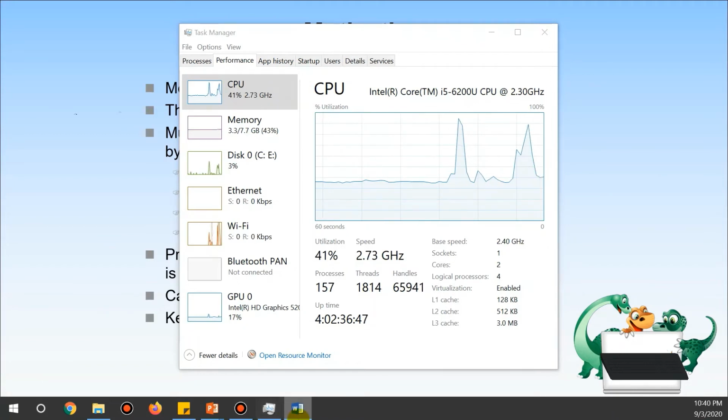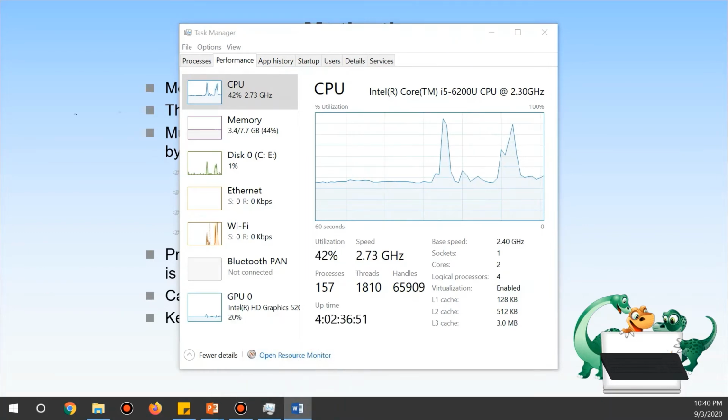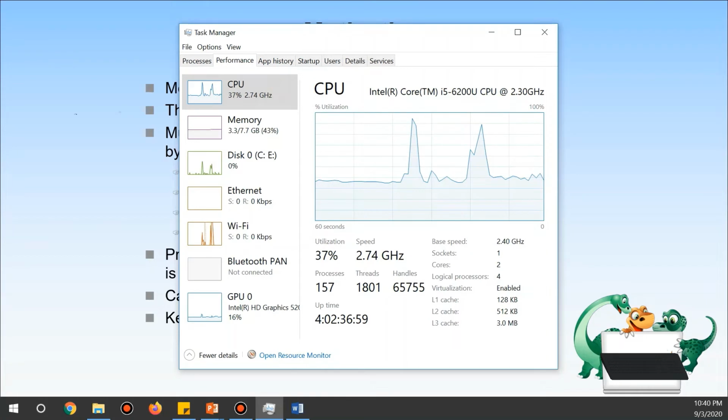We just opened Microsoft Word, and it has a lot of threads associated with it. As mentioned earlier, this includes spelling check, grammar check, the keystrokes, the number of characters, and so on. Let me close this.